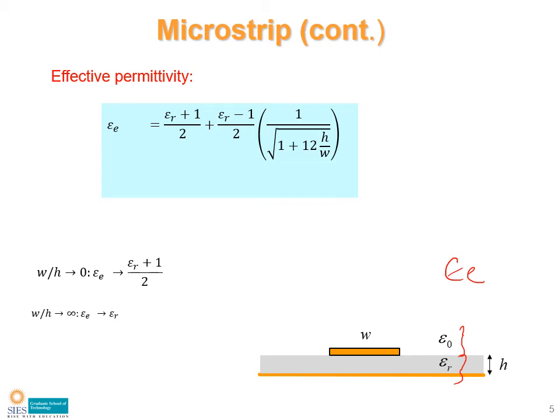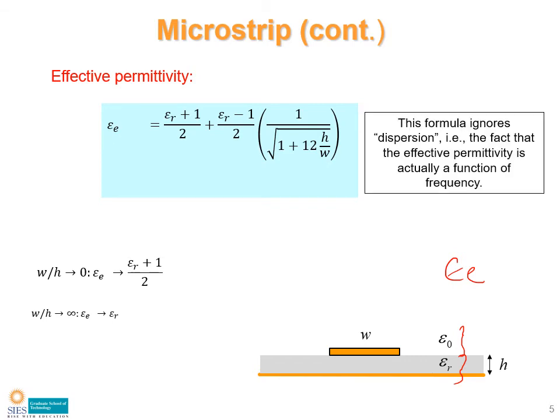If this W by H ratio is tending to 0, or is nearly equal to 0, in that case epsilon e will be (epsilon r plus 1) divided by 2. And if this W by H ratio is very large, that is, if the width of the microstrip line is very large, then W by H will tend to infinity, and epsilon e is equal to epsilon r.